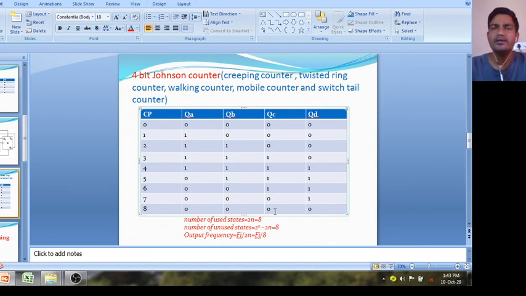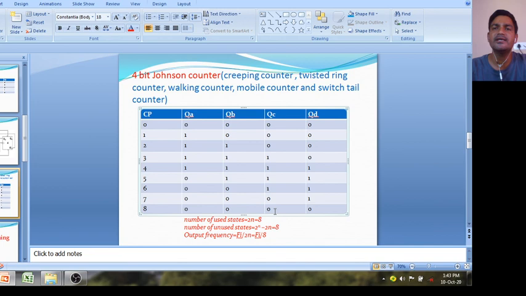And you have to remember the total number of used states is also called the modulus of the counter. So a 4-bit Johnson counter is nothing but a mod 8 Johnson counter. Again I am repeating, what is the modulus of a counter?